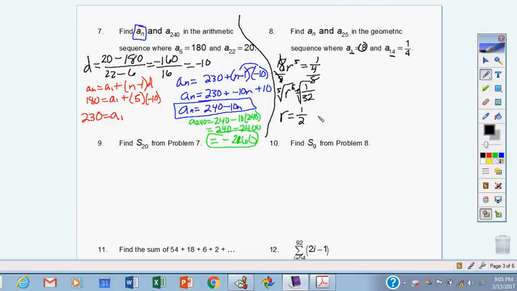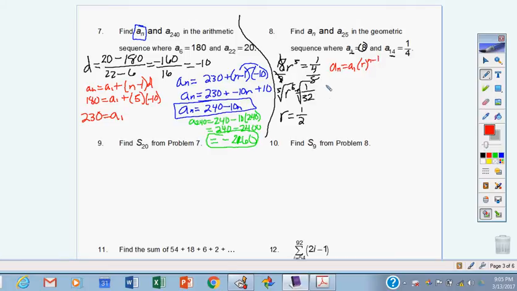All right, so now that I got my r value of 1/2, they're asking for, once again, the nth term formula. So I'm going to go to red here, and I'm going to find, just like I did over here, but different formula, my first term before I find my nth term formula. So I got r raised to the n minus 1. So that's my formula.